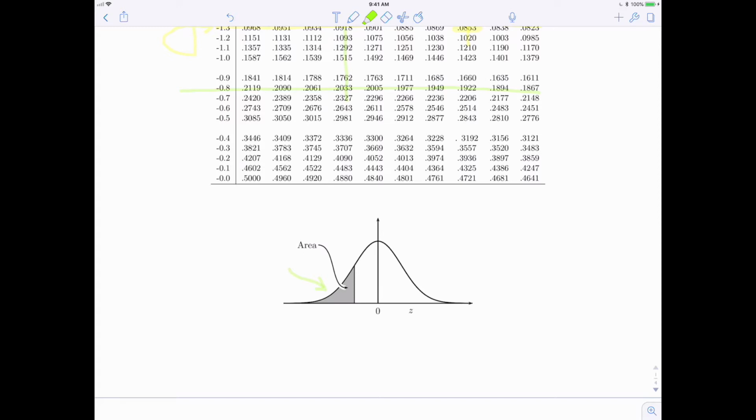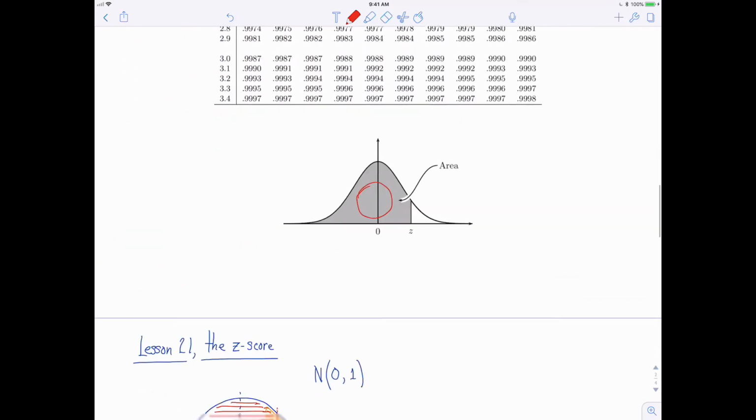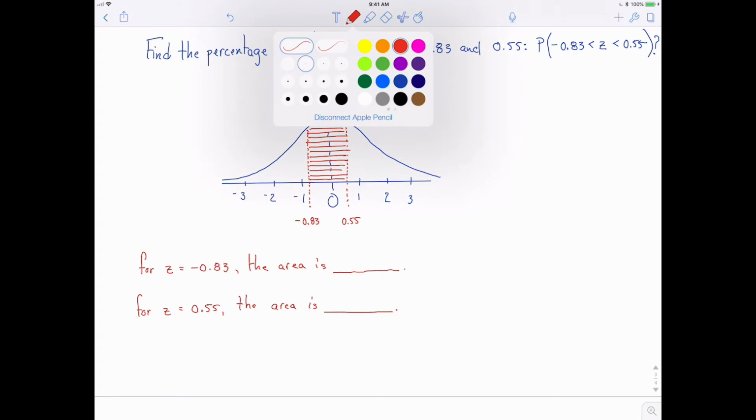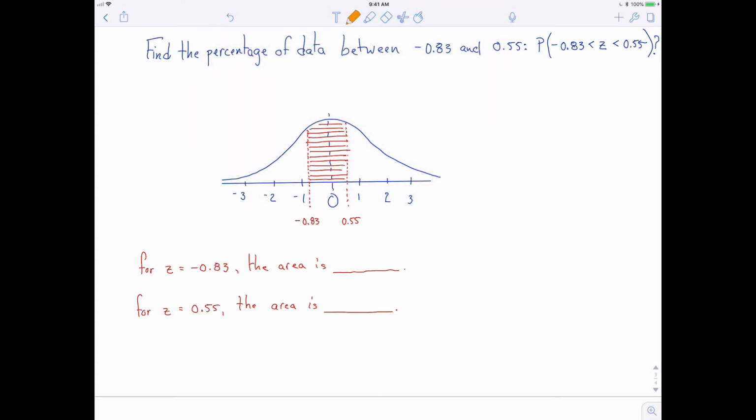Everything to the left. So keep that in mind, and let's go label our picture, 0.2033. Okay, so I'm going to use a different color. We're going to use orange for this. So what that tells me is that's this orange. That's all the area to the left. And so that is 0.2033. That's the orange area.